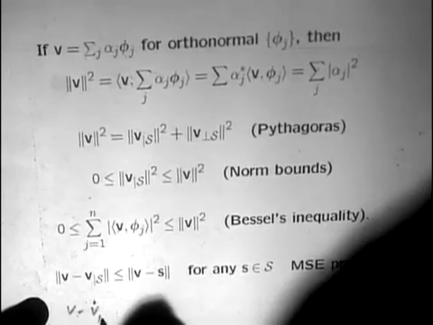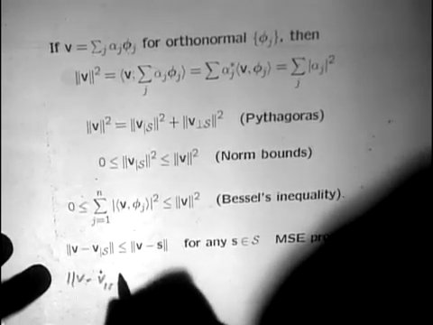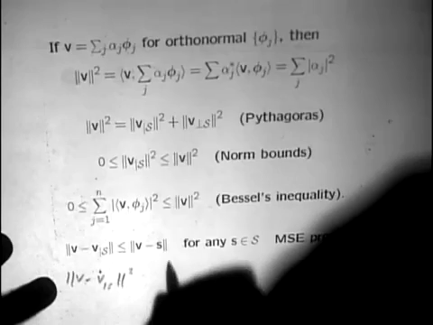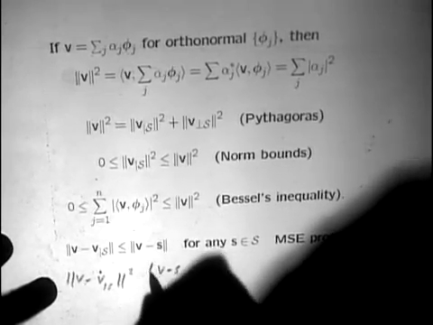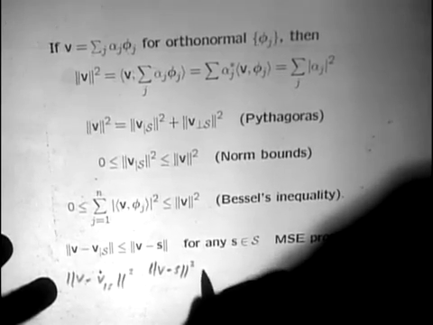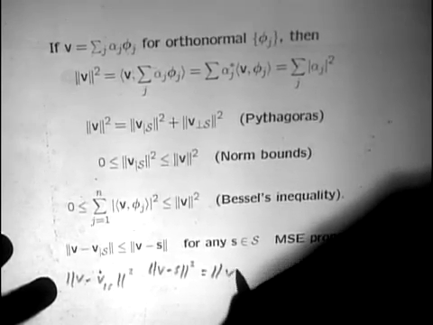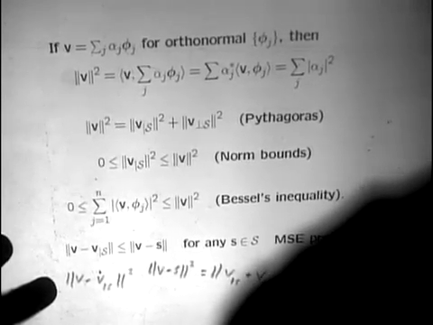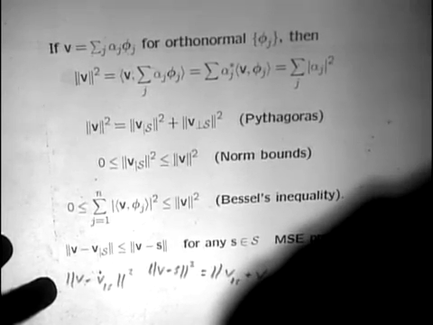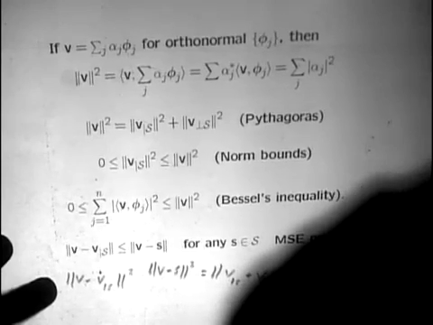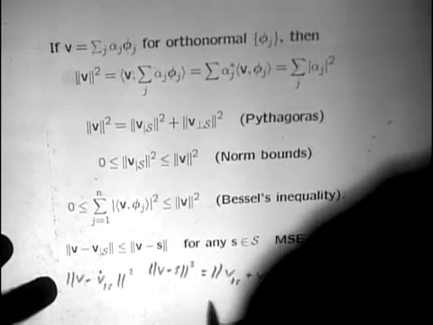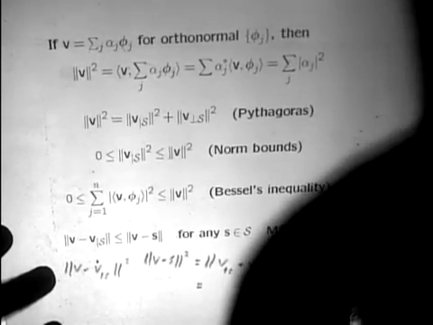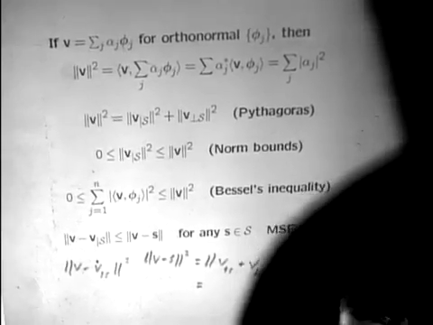Let me write this term out. V minus S is equal to V, the projection, plus V perpendicular to S, to the subspace S, minus this vector S. This is perpendicular to this and this, so, to hell with it.